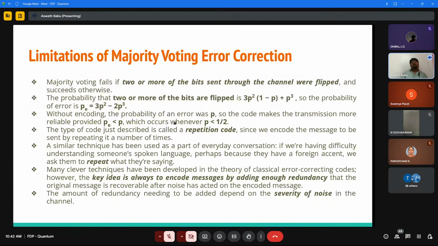More than 50% error means we can't get rid of it, or we don't have the ability to go ahead with confidence for the computation. So that is the mathematics here.